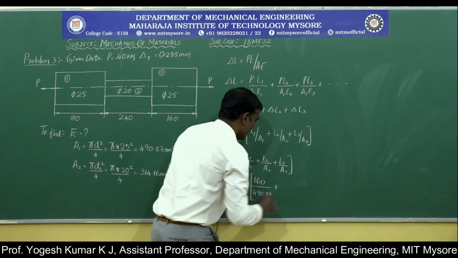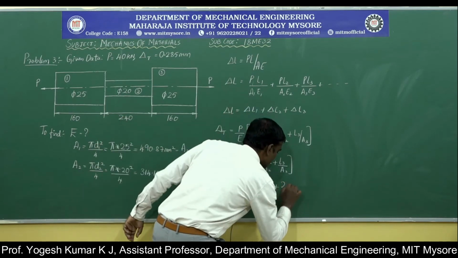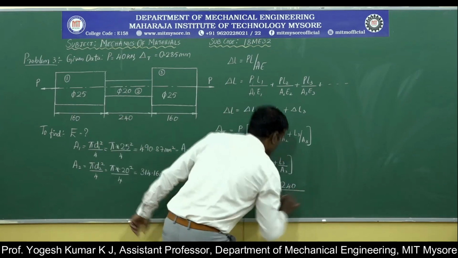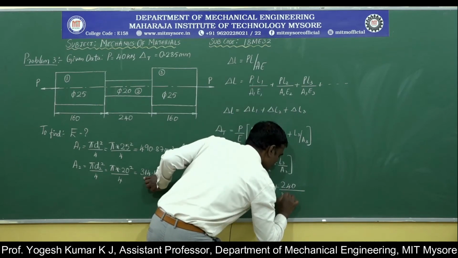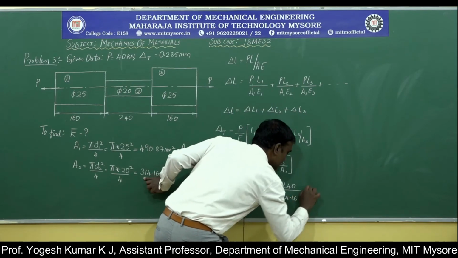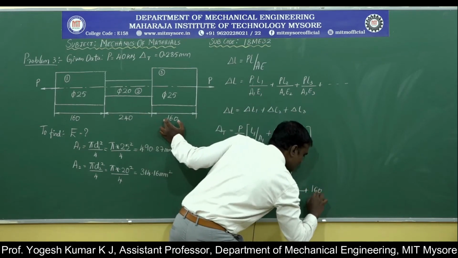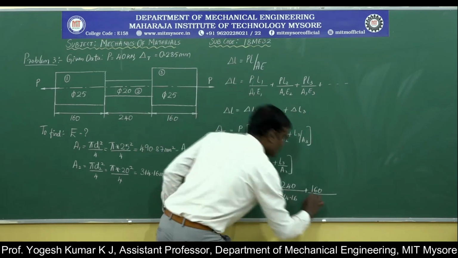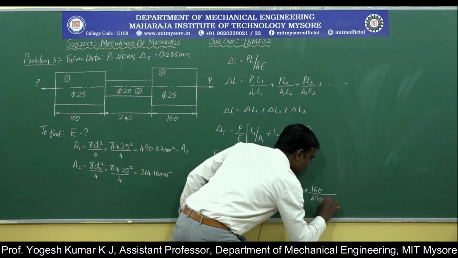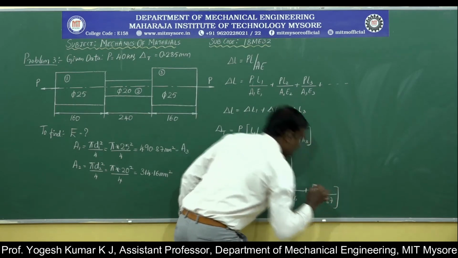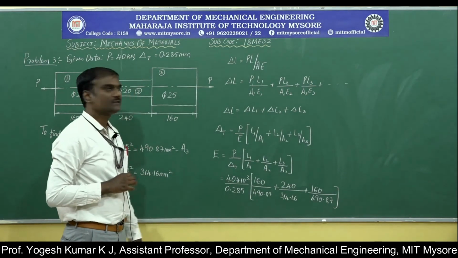Plus, what is the length of the second section? 240. The area, 314.16, plus the length of the third section, 160. Area, 490.87. Solve this for Young's modulus.